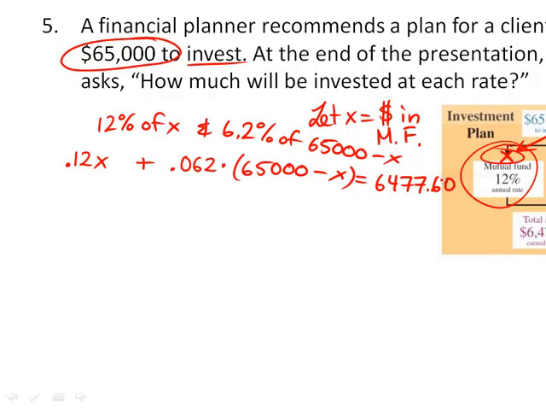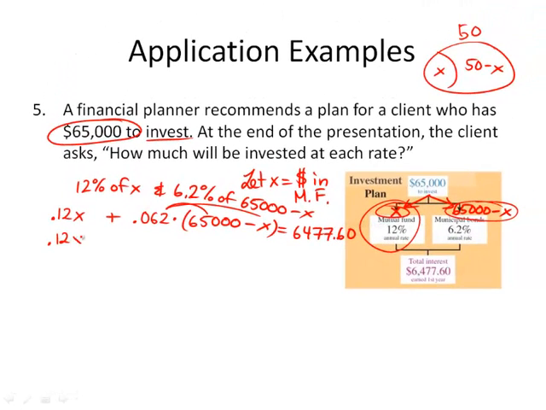All right, let's continue and solve this equation. So we multiply our distribution step here, 0.062 times 65,000 is 4,030, and then minus 0.062x. All right, let's combine our like terms.